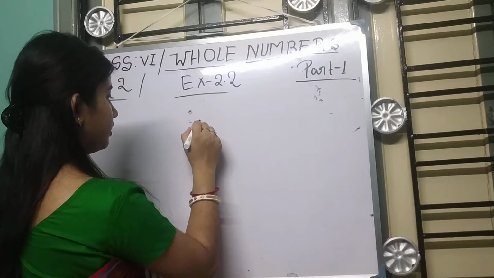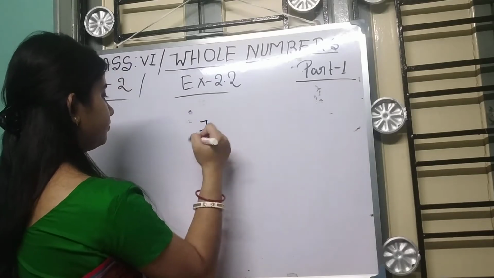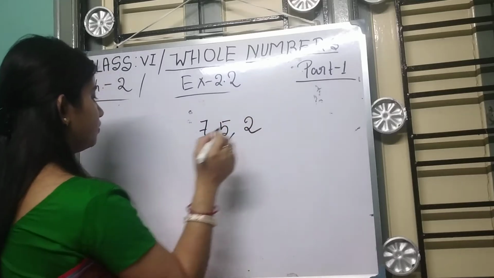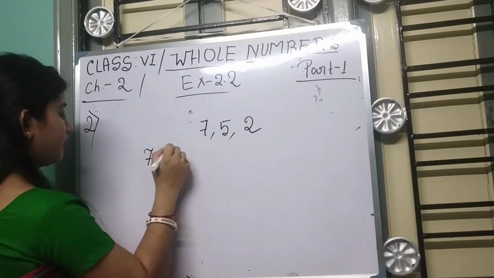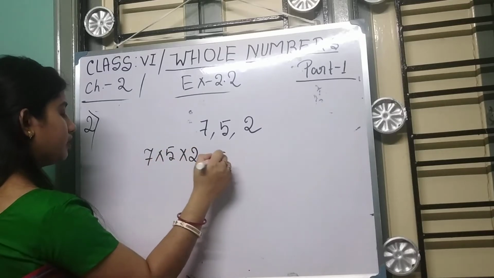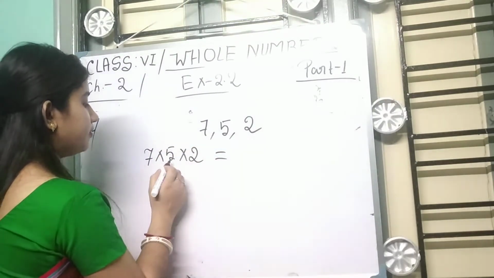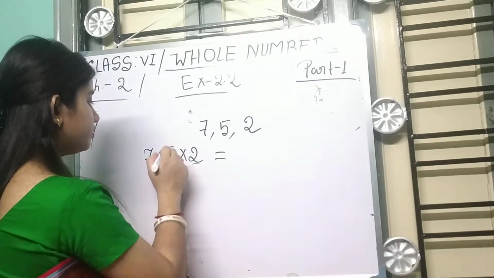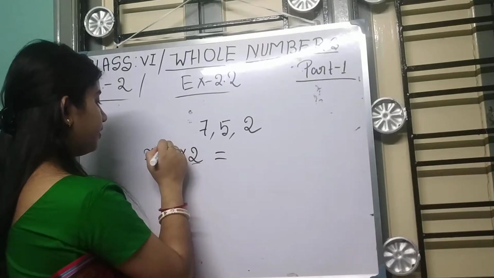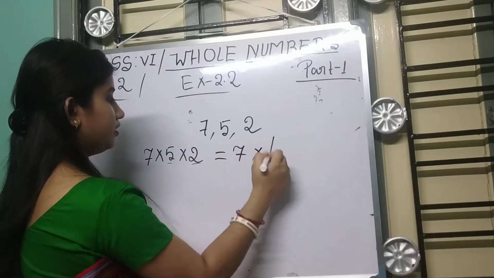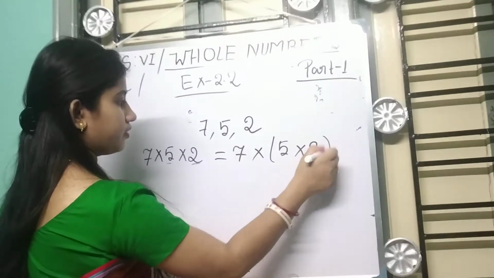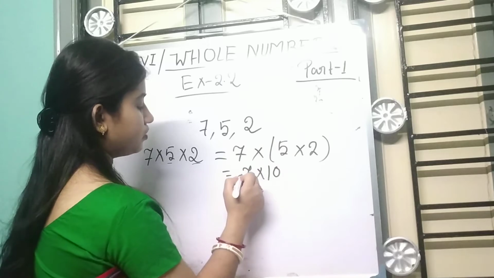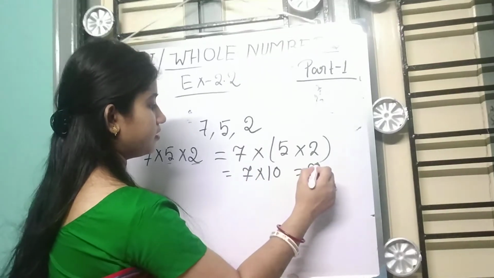Suppose you get 3 numbers, 7, 5 and 2. 7 into 5 into 2. Now if we multiply 5 and 2, then we get 10. So first you multiply 5 and 2. 7 into, in the bracket, 5 into 2. So 5 into 2 means 10. So 7 into 10, 70.